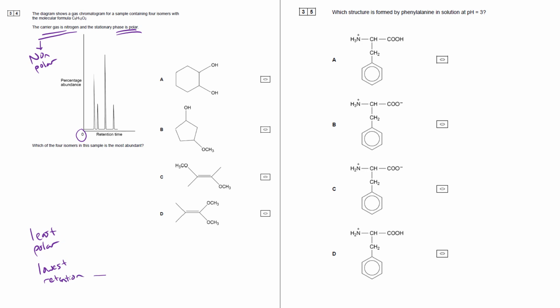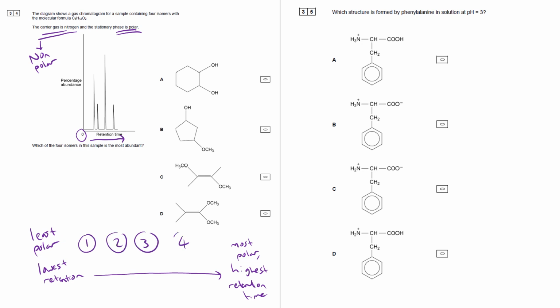The one that sticks to or has the highest affinity to the stationary phase would be the most polar. Highest retention time. So there's 4 compounds that are coming through here. And we're being asked which one is the most abundant. So the most abundant is this one, the one that comes out third.